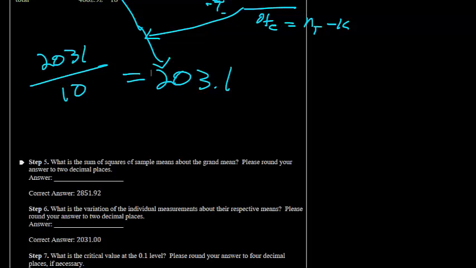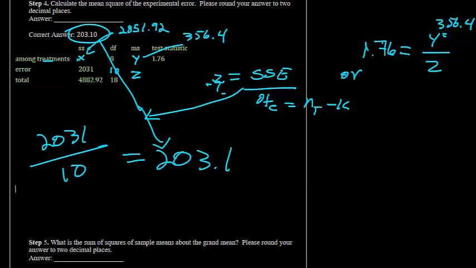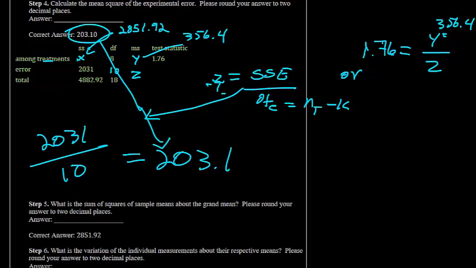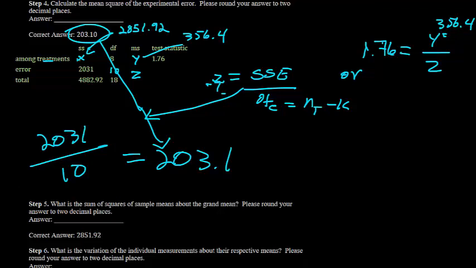What is the sum of squares of the sample means about the grand mean? Please round your answer to 2 decimal places. Number 5. Well, this isn't a real calculation at all. What this is asking you is to see whether or not you understand where the sum of the squares comes from.